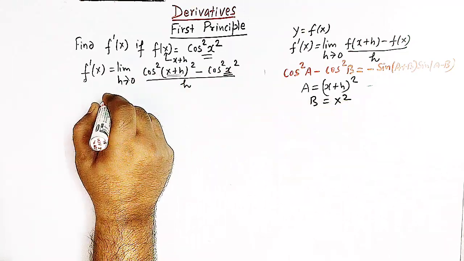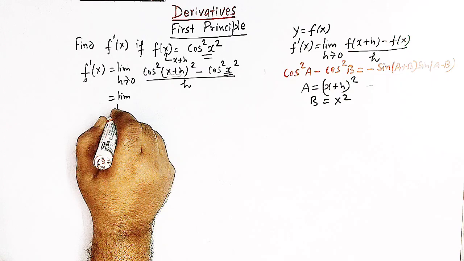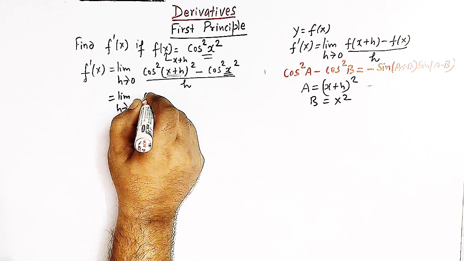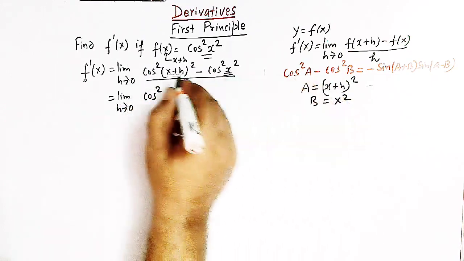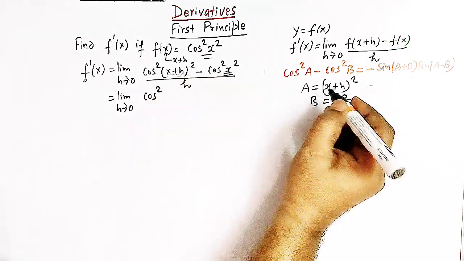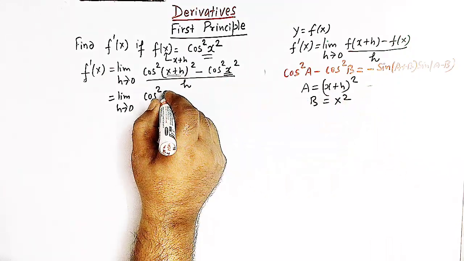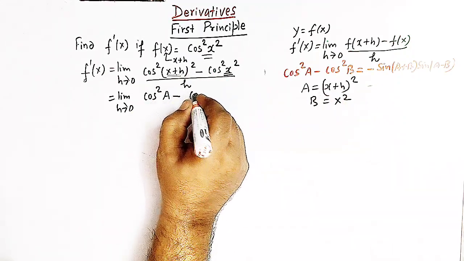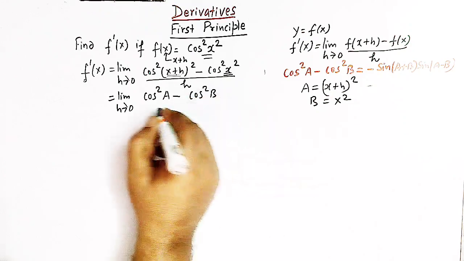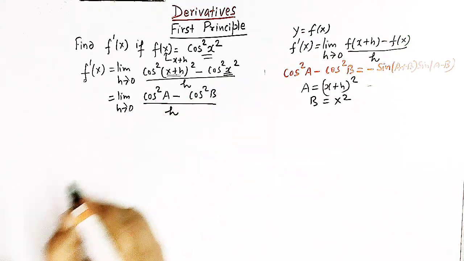So now we have limit, and this is h tends to 0, this is cos square a, because x plus h square can be taken as a. So here we have a, and then we have cos square b divided by h, right?